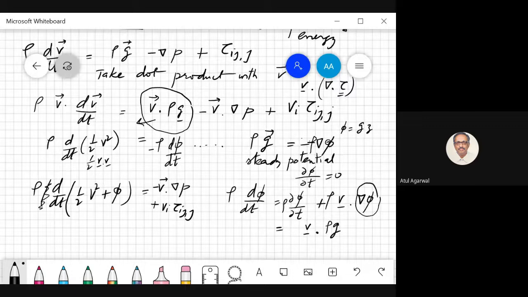Similarly, because of net force due to viscous stresses, some energy is transferred. Any problem? Whenever there is any net force, it will lead to generation of kinetic energy.